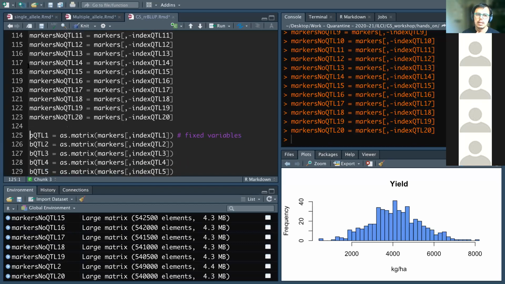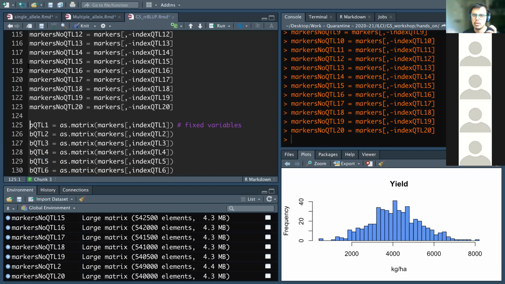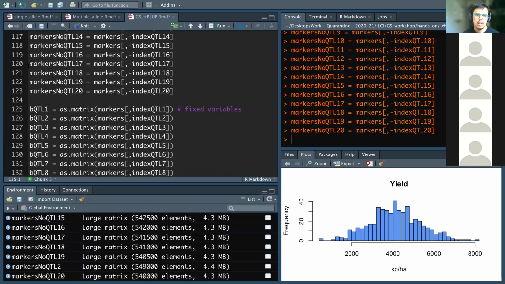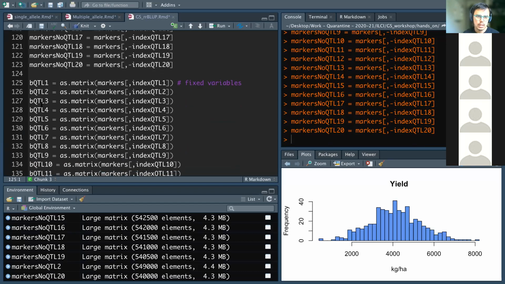If we keep them in both random and fixed, that is going to cause more noise, and we don't want that. Then we are going to create a new variable. Again, this could look a little difficult because we have different data sets, but the point here is that now we want to create a matrix that has just the fixed effects that we want.